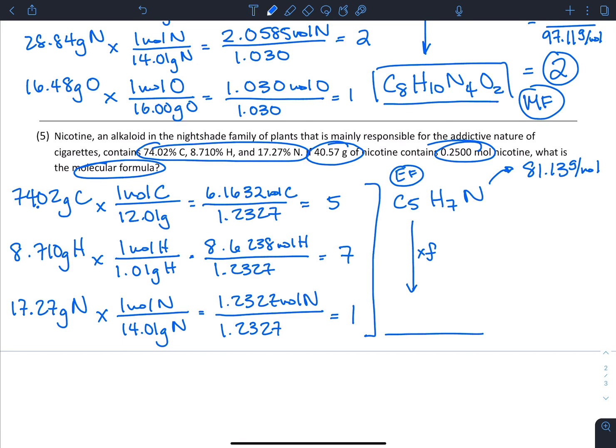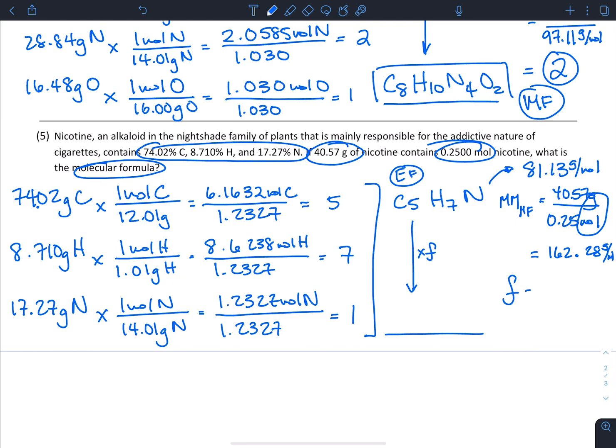So we need to remember that molar mass has a unit of grams divided by moles. So in this case, to find that molar mass, I'm going to take the gram value, 40.57 grams, and I'm going to divide that by the mole value. And that's going to give me my unit of grams per mole. So if I do that division, I find that the molar mass of my molecule is 162.28 grams per mole.